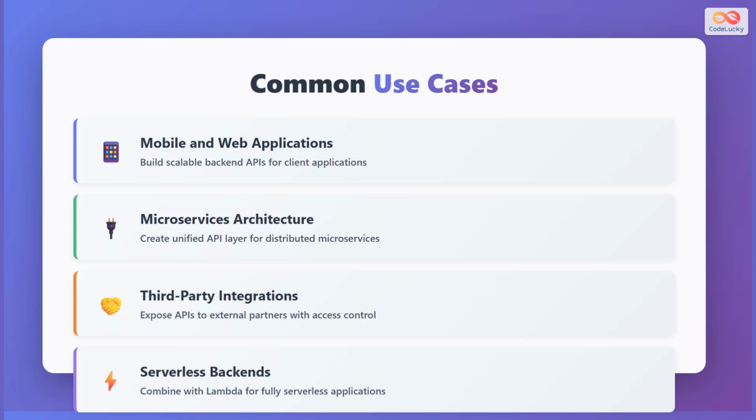For third-party integrations, you can expose your APIs to external partners with granular access control and usage tracking. When building serverless backends, combining API Gateway with Lambda functions creates fully serverless applications that scale automatically and require zero server management. These use cases demonstrate the versatility and power of API Gateway in modern application development.